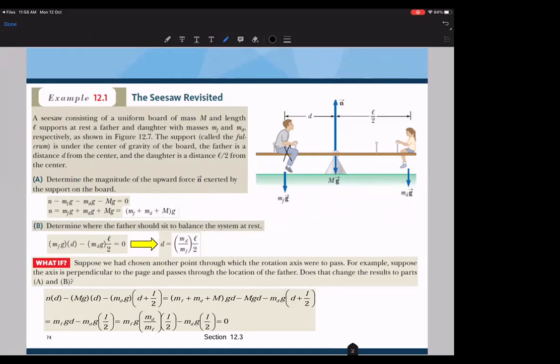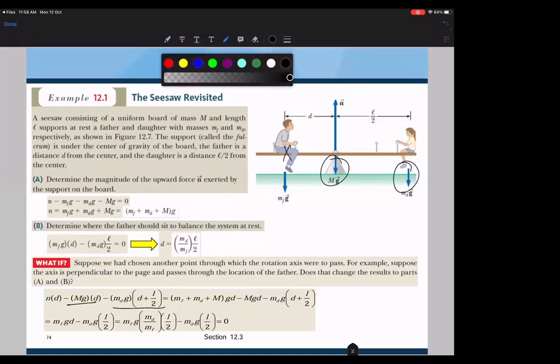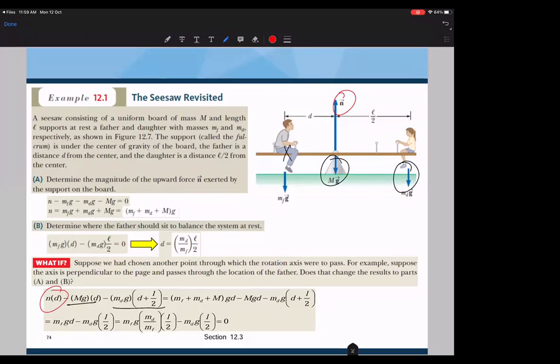So there are altogether 3 forces. The clockwise torque from the daughter and the weight of the board, they are coming from these 2 terms. And then you have the anti-clockwise torque from the fulcrum, the normal force from the fulcrum, and that is the anti-clockwise torque, so positive value.